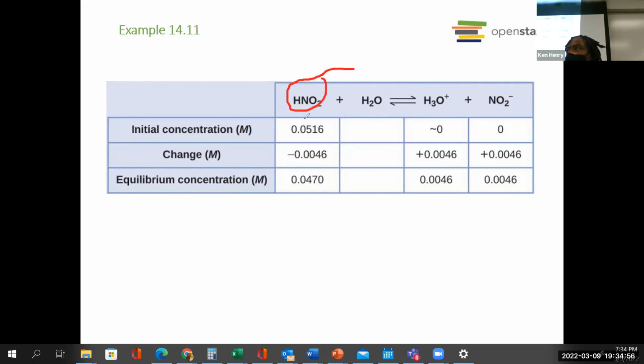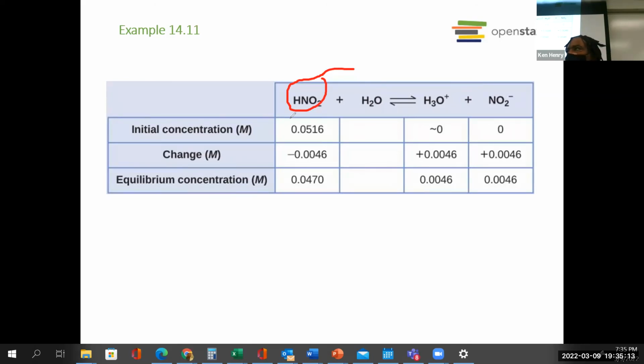Nitrous acid is also a weak acid. Anything that typically ends with -ous is typically a weak acid, relatively speaking.